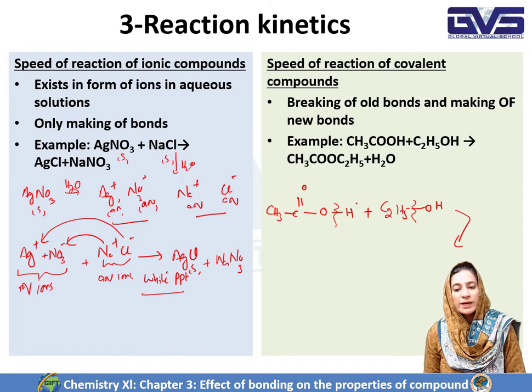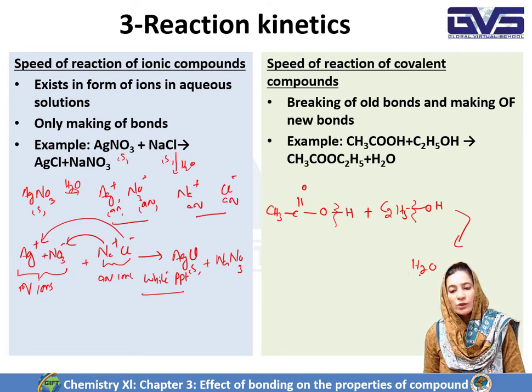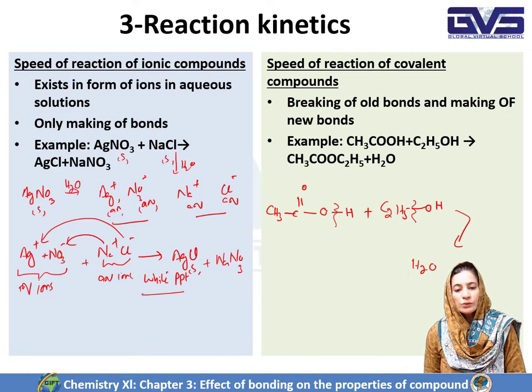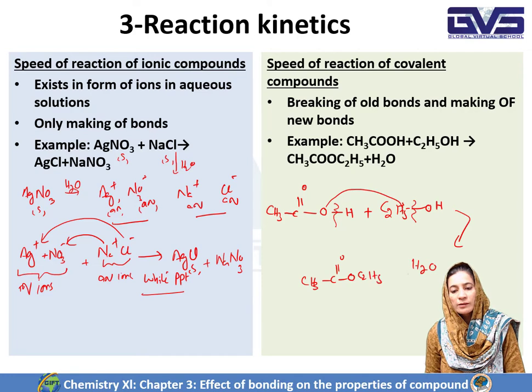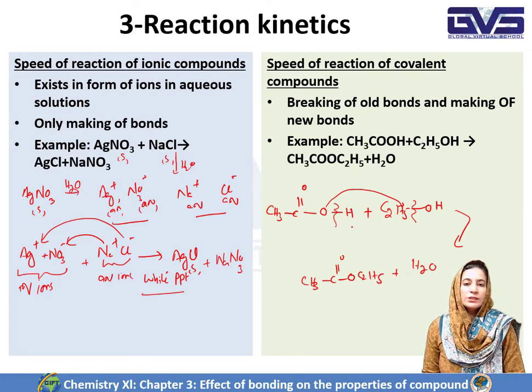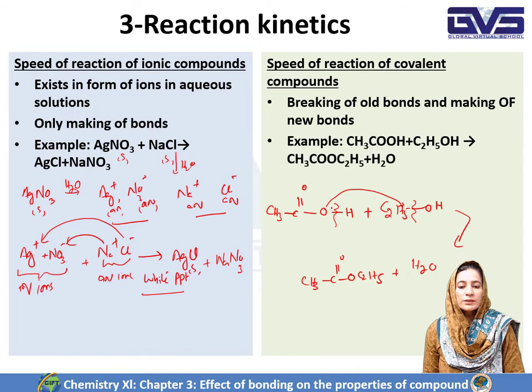They form OH and H. They form new bonds between hydrogen and OH, and they form water. So old bonds are broken. There is breaking of two old bonds, then formation of new bonds, and due to this, this one forms a bond with this one, so a second new bond is formed. So basically this involves breaking of some old bonds, then formation of new bonds.